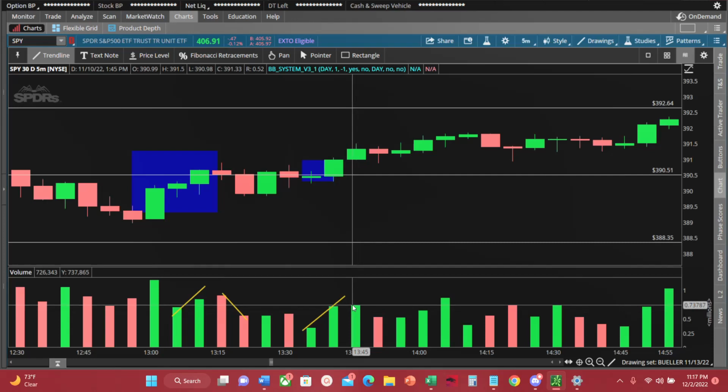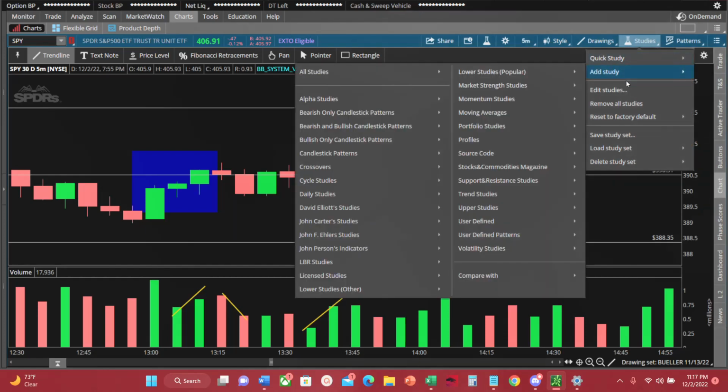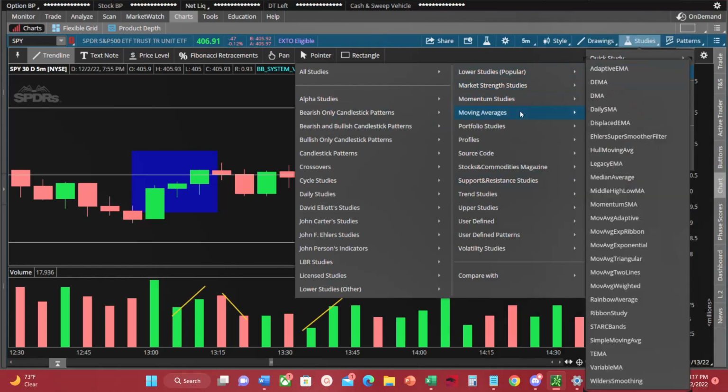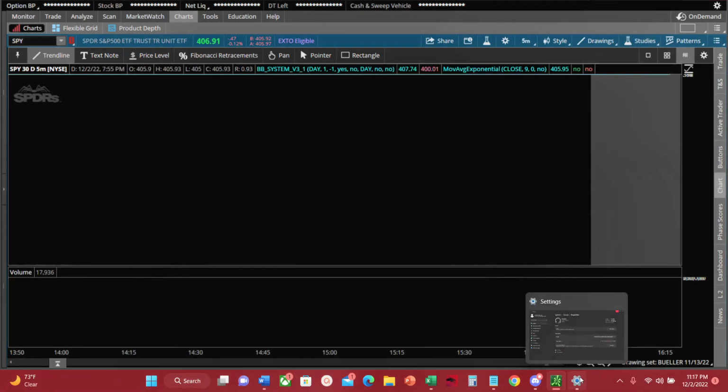Still slightly increasing, I believe. And normally what I would do here is add a 9 EMA to give me some kind of guide. I already have it set to 9, so that's good.